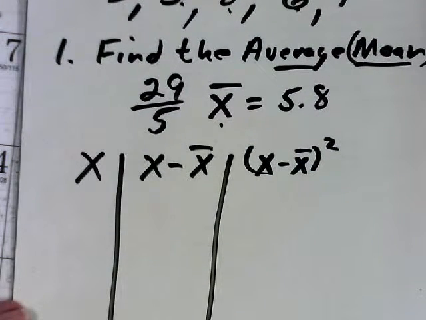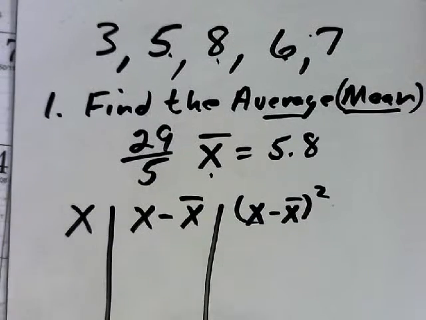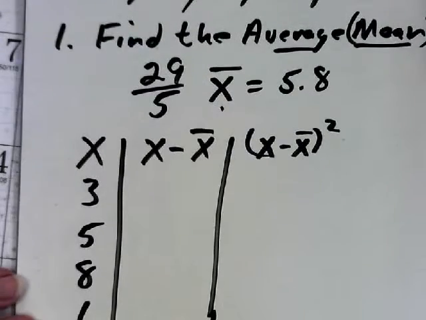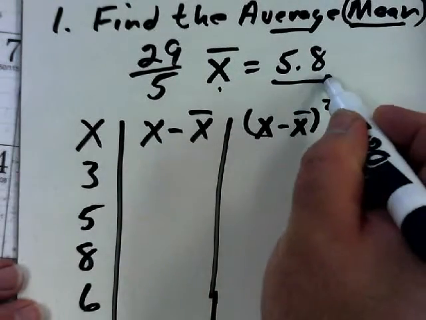Because remember in that formula you had X minus the average, the quantity squared? Yep. So we need those 3 columns. So here's a 3, here's a 5, here's an 8, here's a 6, here's a 7. And then from each of those, I need to take away this average.